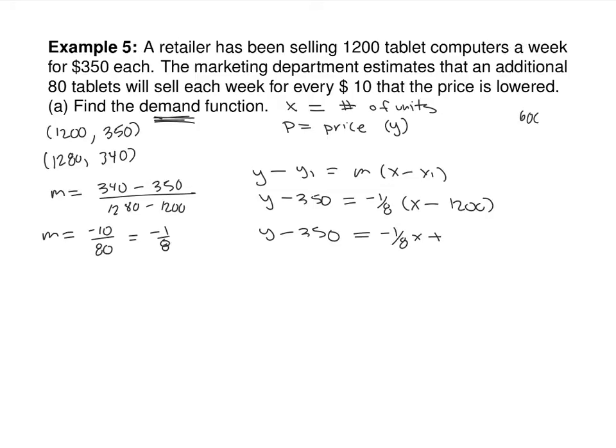So it's 600 over 4, right? So your demand function is negative 1/8 x plus 500. And your book usually calls this P of x, P for price.